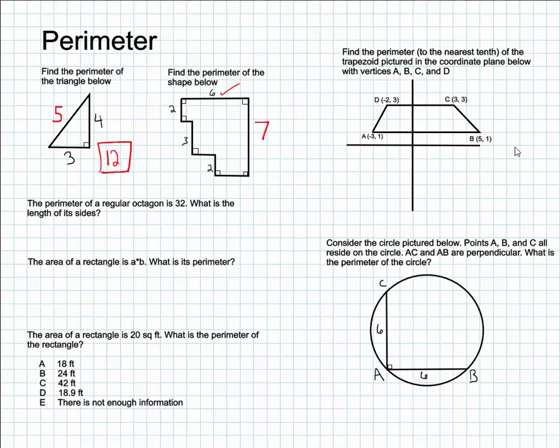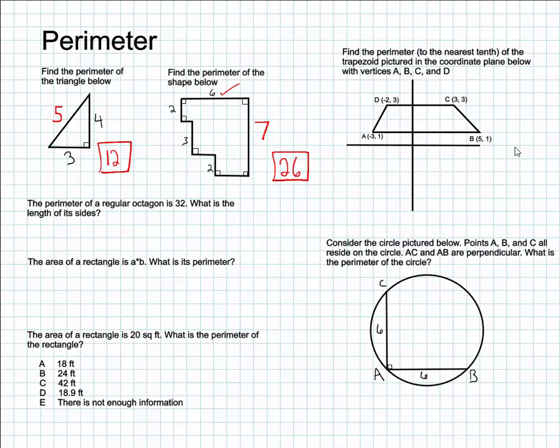It looks like we have 3 widths that aren't labeled, but again, since we have all right angles, they add up to 6, even if we don't know each individual value, since the overall width is 6. So we add up 6 times 2 plus 7 times 2, which is 12 plus 14, or 26.